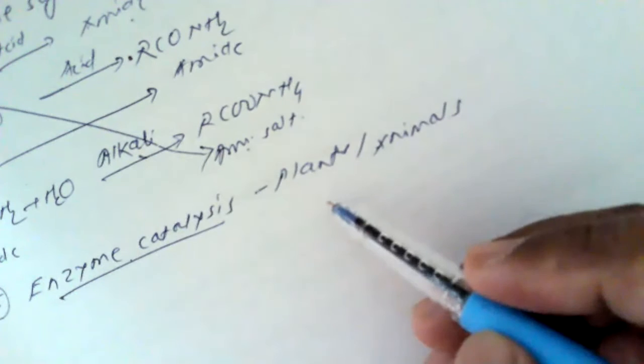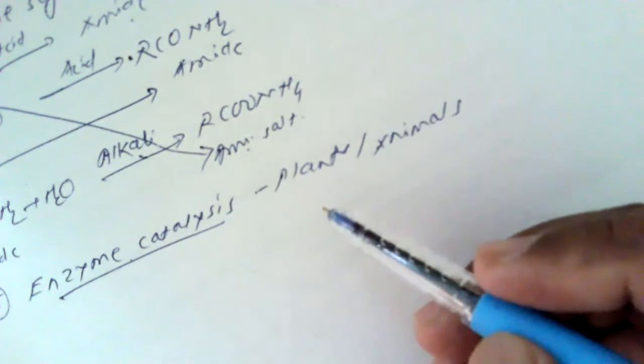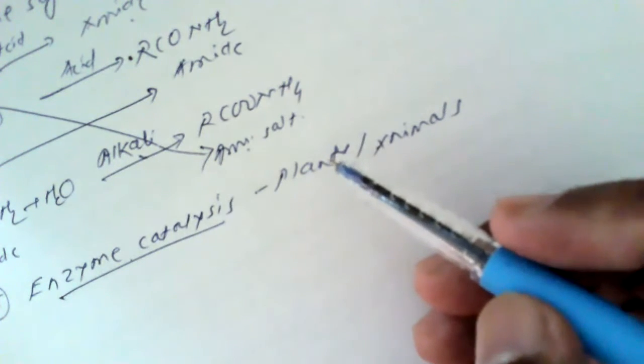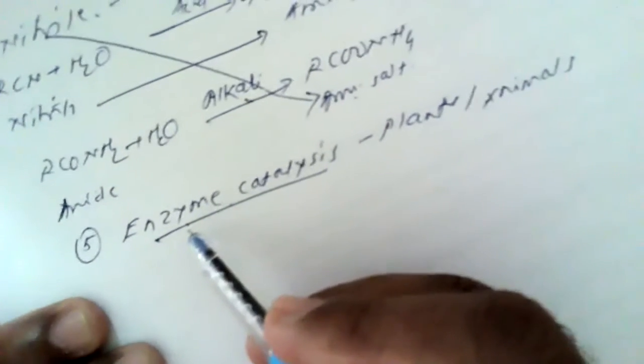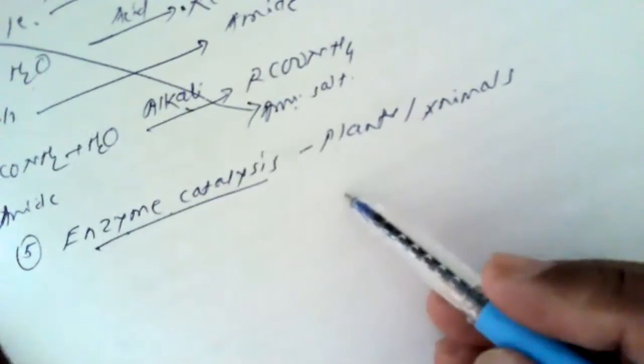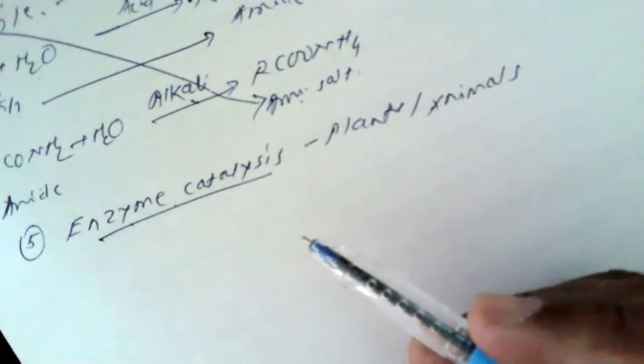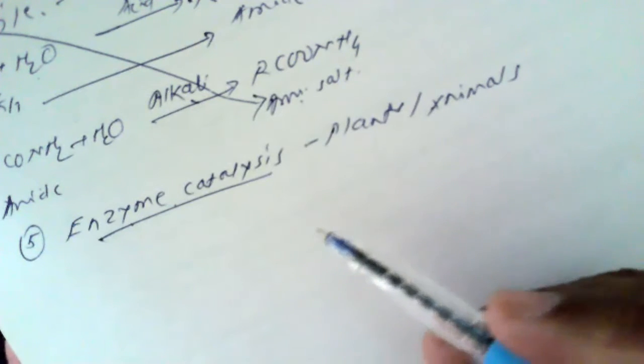The reactions which take place in animals, plants or human beings are possible only in presence of certain enzymes which are already present. So these enzymes can bring about chemical change. The chemical change brought about in presence of all such enzymes is known as an enzyme catalyzed reaction.